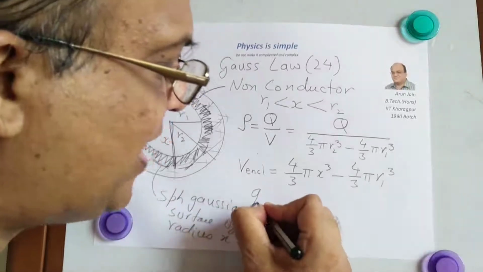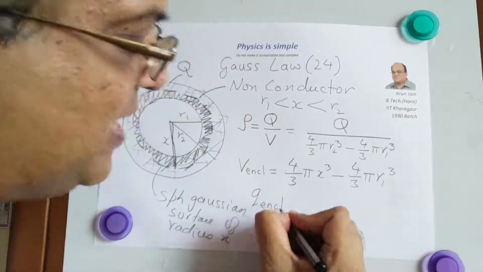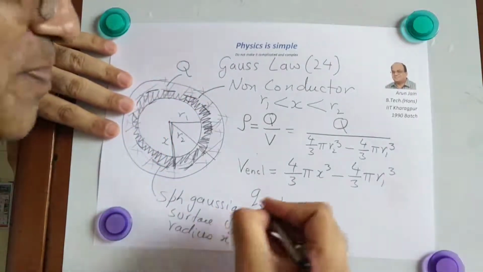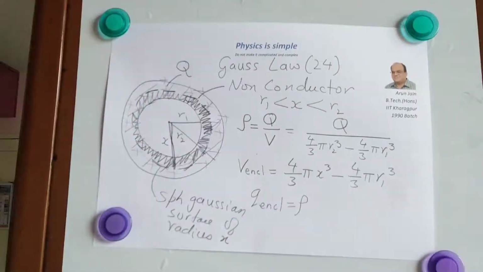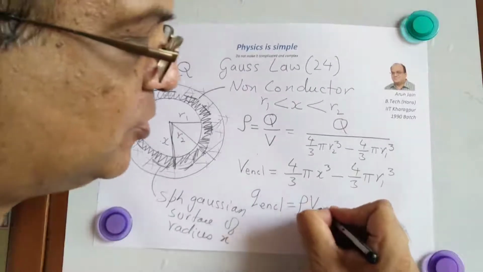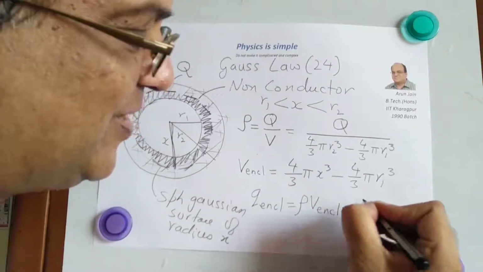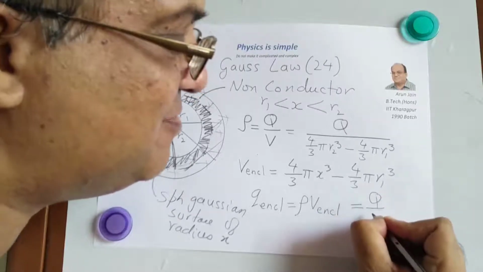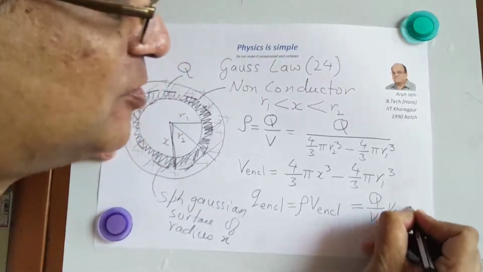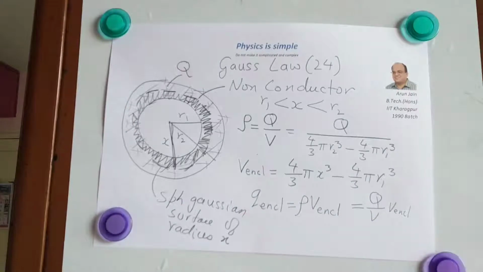So therefore Q enclosed will be equal to rho, which is charge per unit volume, multiplied by the volume enclosed. Okay, charge enclosed is Q by V into volume enclosed, volume of the material enclosed rather.